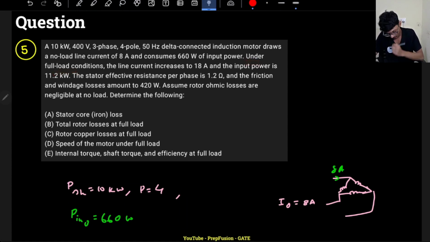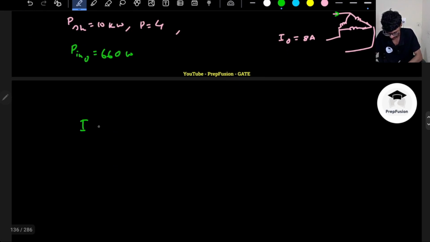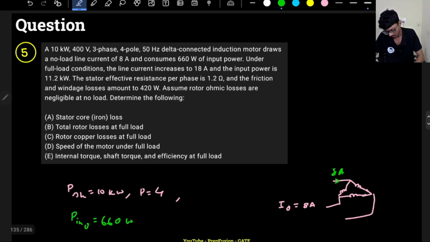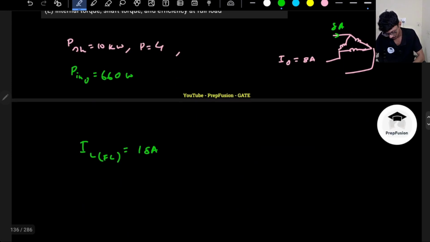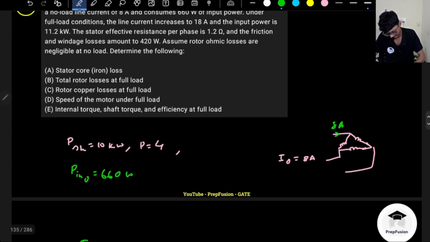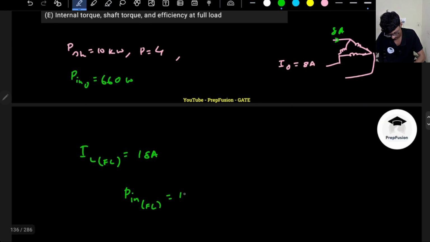Under full load conditions, the line current increases to 18 amperes and the input power is 11.2 kilowatt. Okay, under full load conditions, the line current is 18 amperes. So under full load condition, ILFL of the stator is 18 amperes, and the input power P input under rated condition is 11.2 kilowatts.